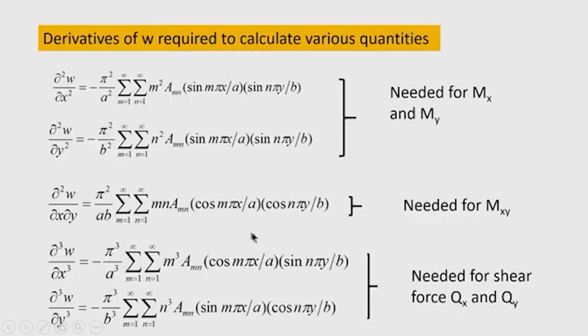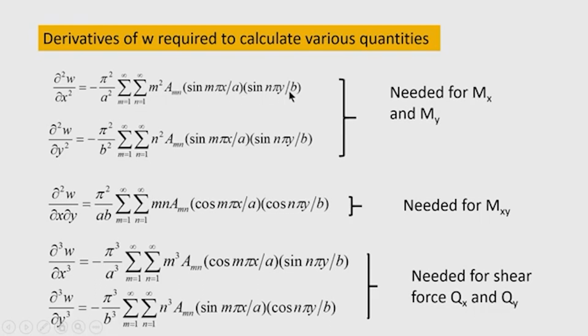For convenience, I am showing you the other higher derivatives. Del square w by del x square is minus pi square by a square, and inside the summation it will be m square a_mn sin m pi x by a sin n pi y by b.